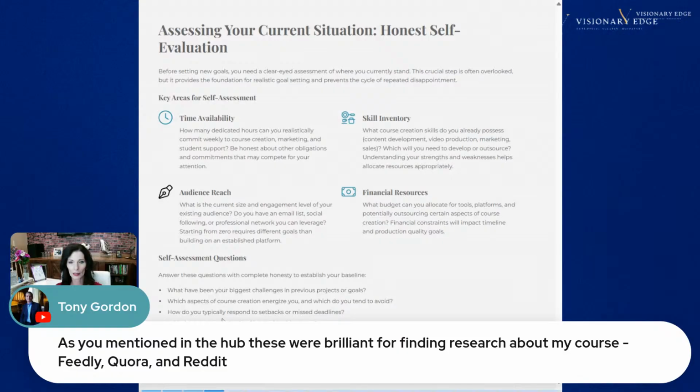And then, how do you typically respond to setbacks or missed deadlines? You can really use AI as your coach here, as well as bringing your concerns about this to me or to the community to get feedback. But really, rather than personalizing it and beating yourself up, look at it and try to understand what the core root issue is, or what's really going on below the surface.